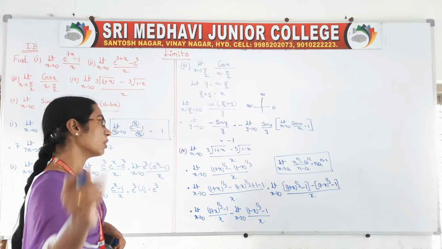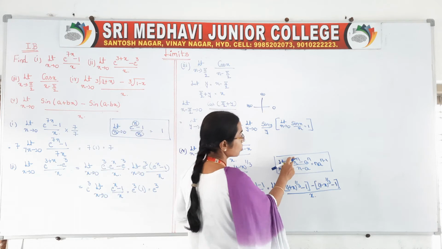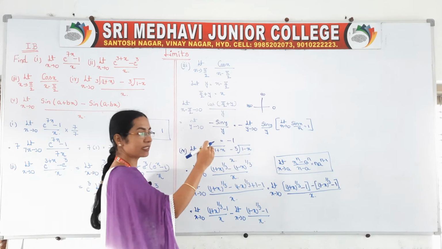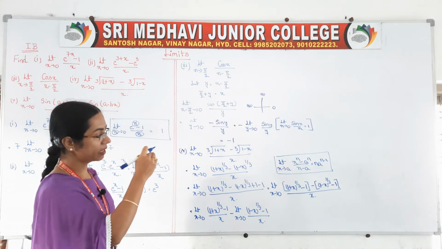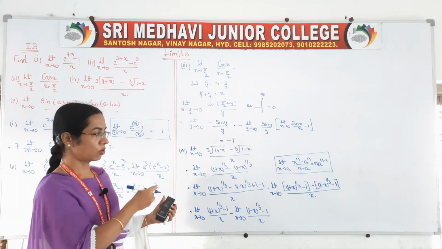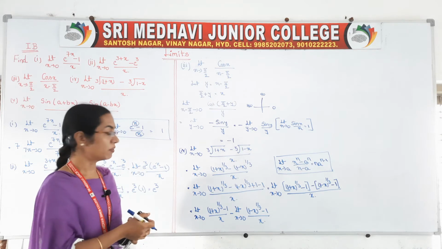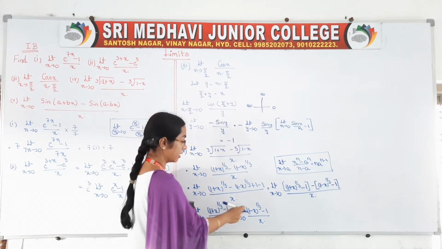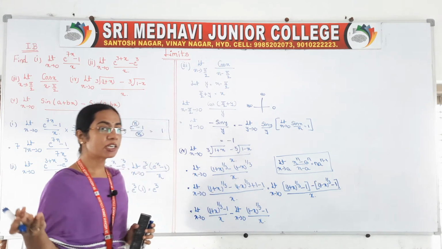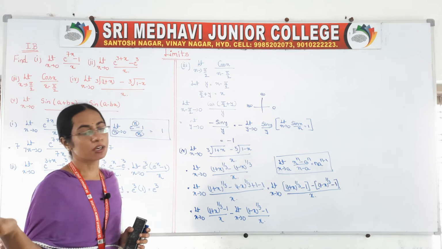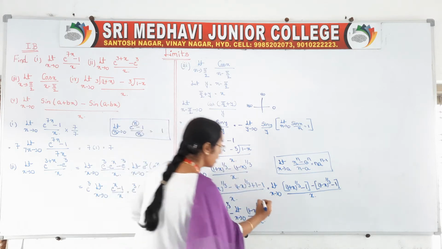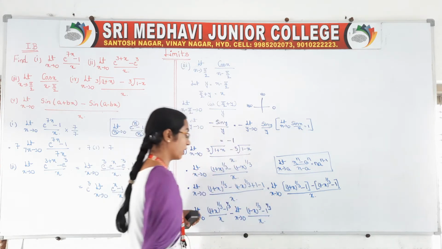So if you observe the problem here, x to the power of n minus a to the power of n, instead of x, it is a general formula. I said in all the formulas, instead of x we can have any other value. So in the given question, here 1 plus x is there, here 1 minus x is there, to the power of 1 by 3. 1 to the power of any value is 1 only, so in one place you can write 1 to the power of 1 by 3, here also you can write to the power of 1 by 3.